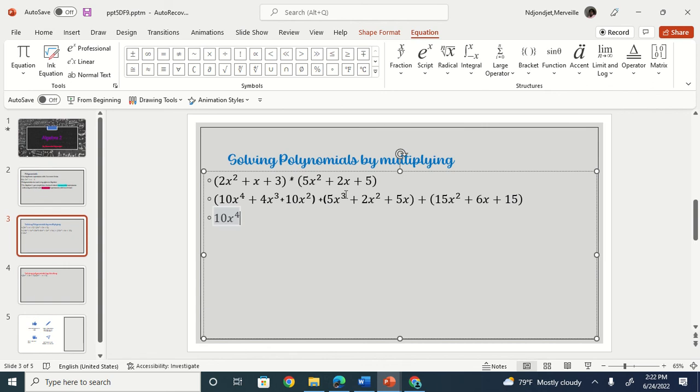That will be 9x cubed. Now we got 10x squared plus 2x squared plus 15x squared. So this is like 12x squared, and 12x squared plus 15x squared would be 27x squared.